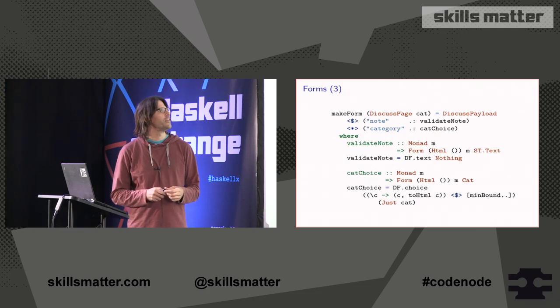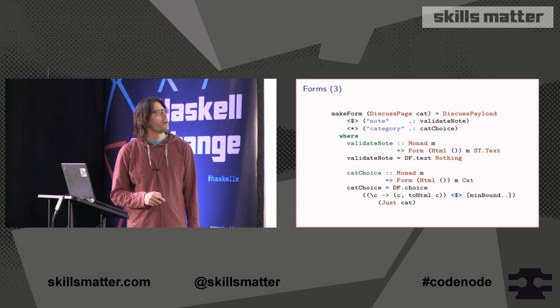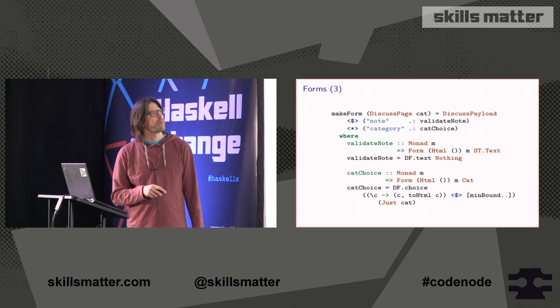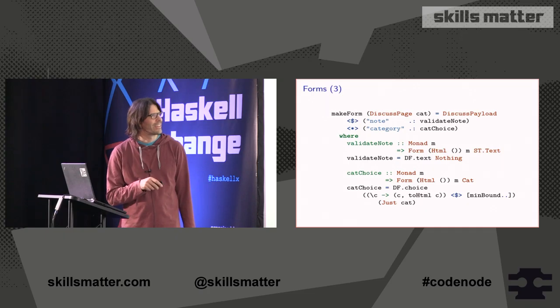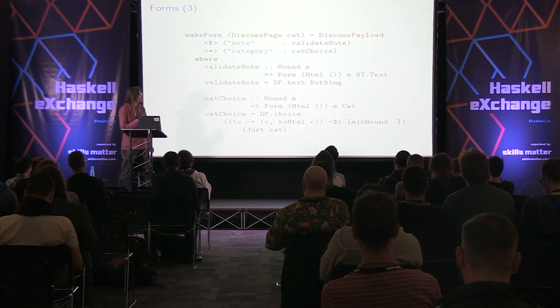And then you need a validator. And the validator will output a thing called payload. And there is a type family that I have skipped over in these slides that is determined by the page type.